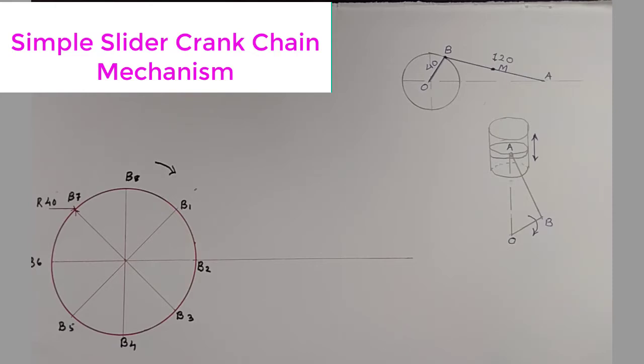Now we have the length of the connecting rod, 120 mm. So I take the radius 120 mm.